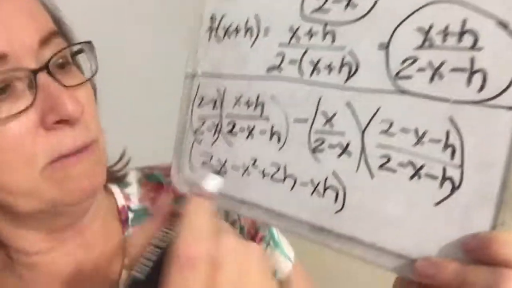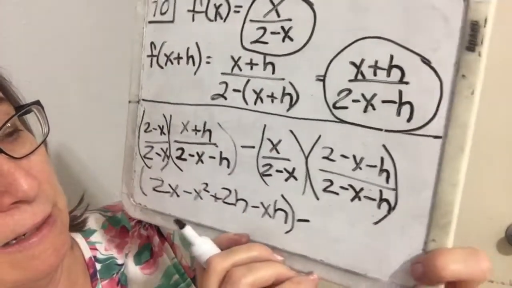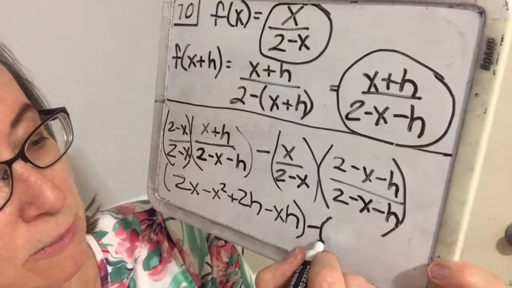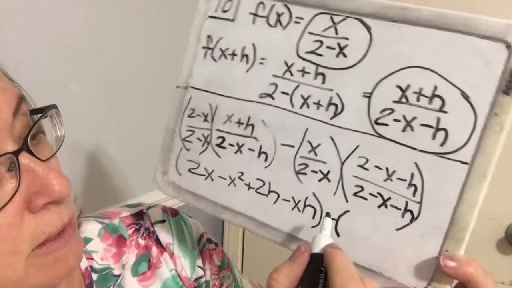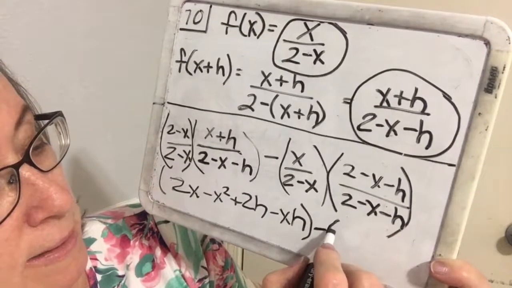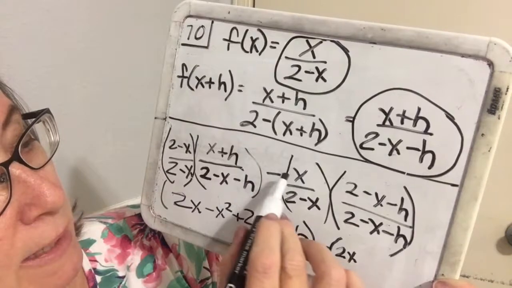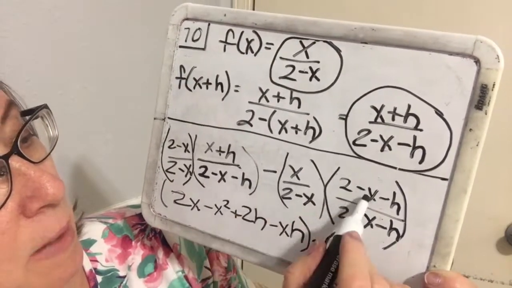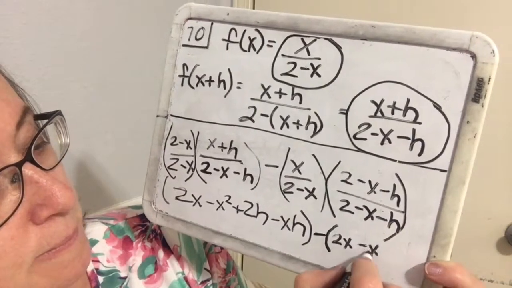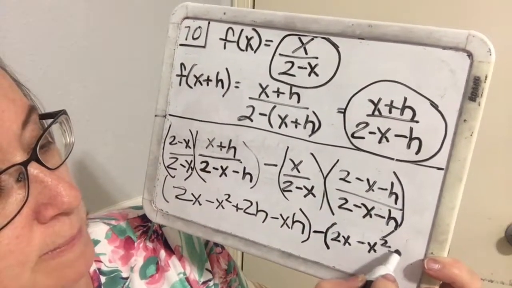Okay, so now we've got a minus sign. And I'm going to put another parenthesis so I can keep it all together. And now I'm going to distribute this x through. So it's a minus 2x. And then, so the minus was out there, so 2x, and then a minus x squared, and then a minus xh.